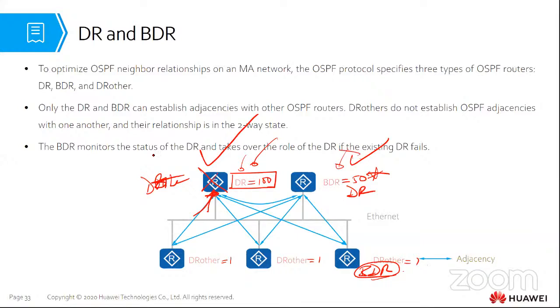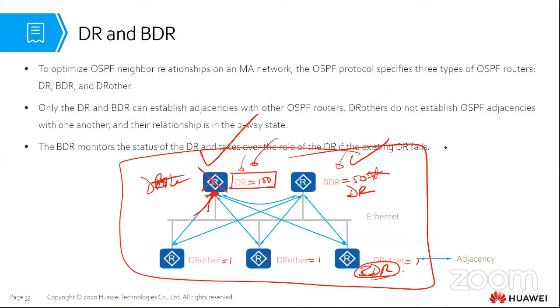If something happens to this network and we have to elect afresh, you will take over as a DR. Because your priority is high, but if you went off, you have disappointed our trust.